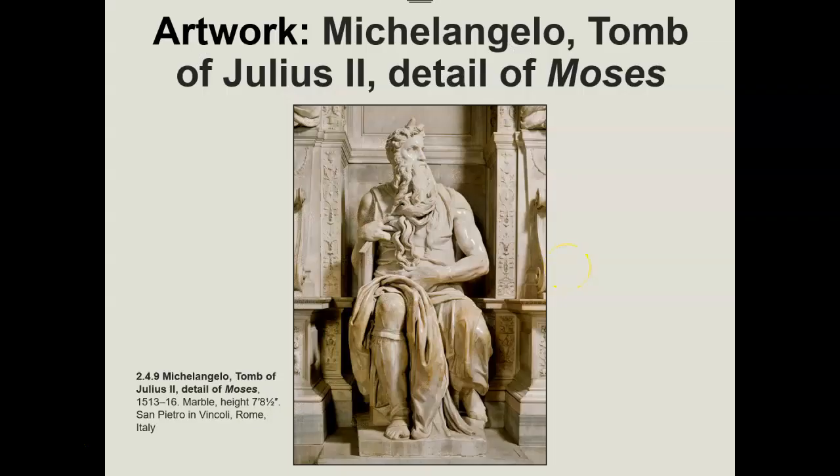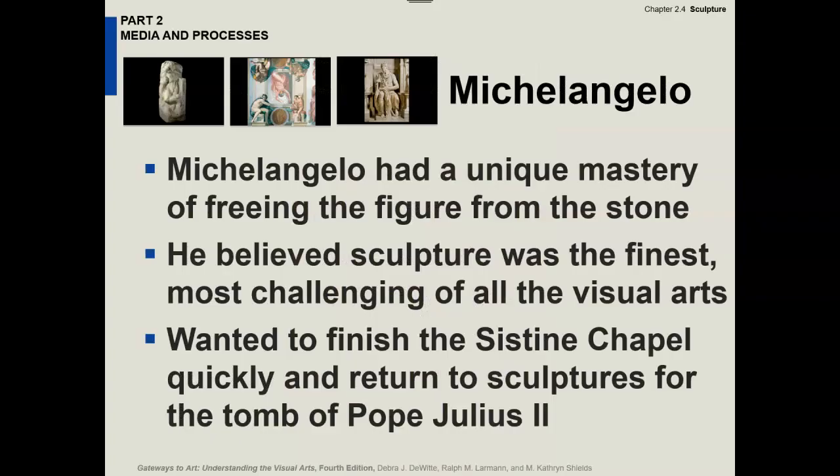This is Michelangelo, the Tomb of Julius II, the Tale of Moses. Michelangelo was a sculptor and painter, but he really believed that the finest of all arts was sculpture. Of all the visual arts that he did, sculpture was his main love.